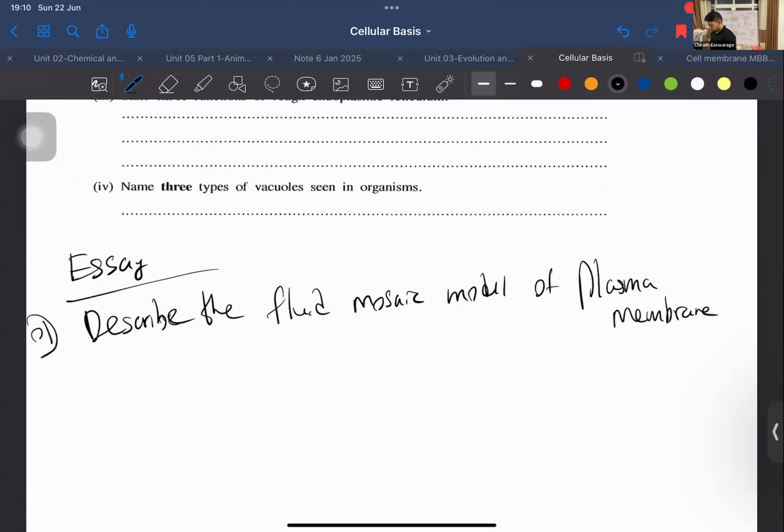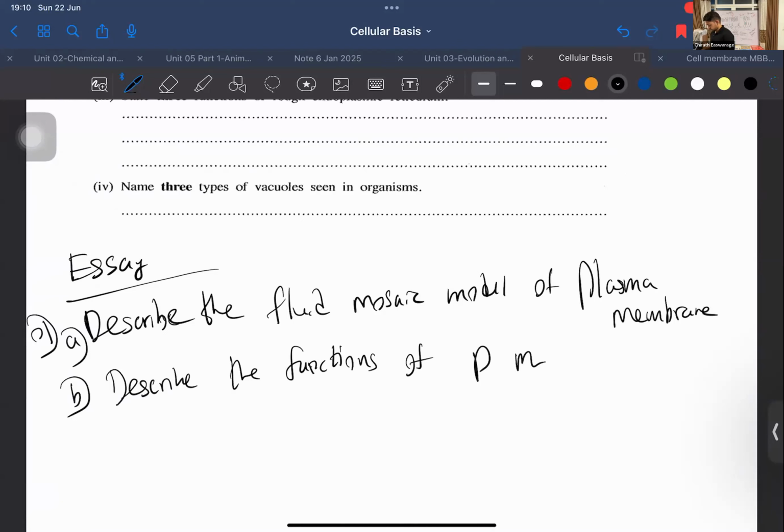So that is 1A. B, describe the functions of plasma membrane. So this is going to be your homework, and I'm going to give you a hint.